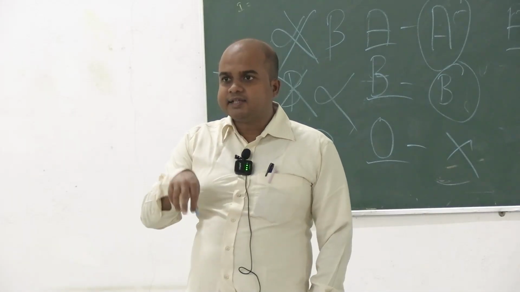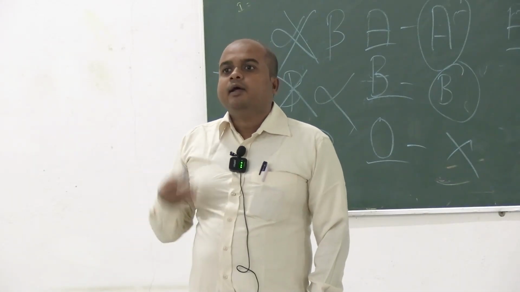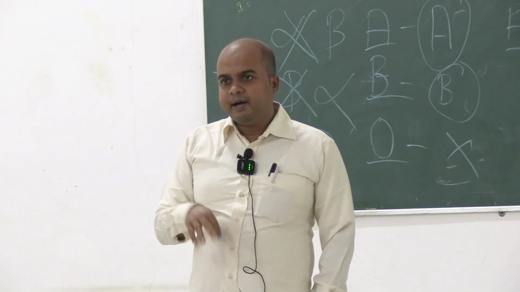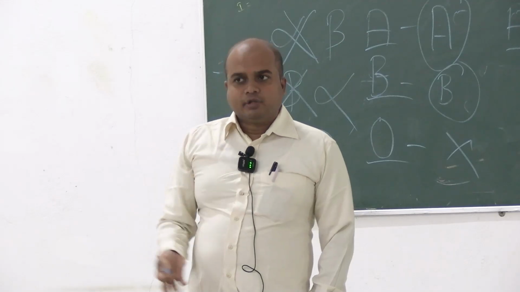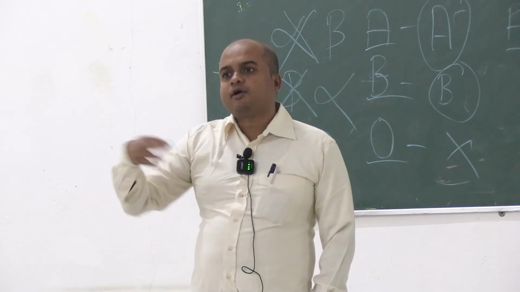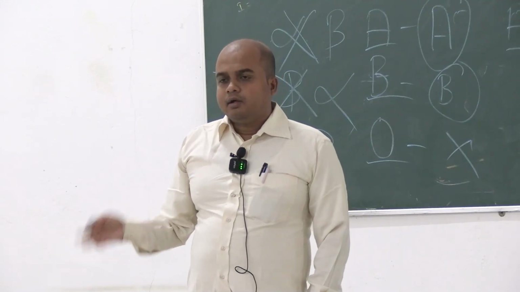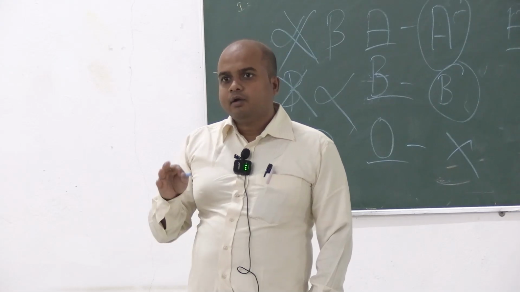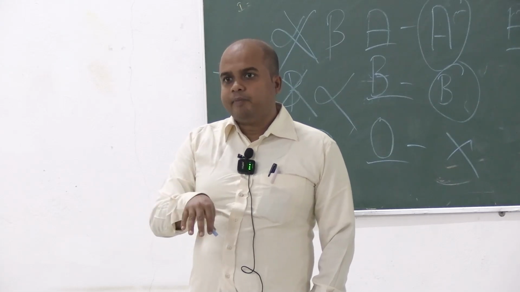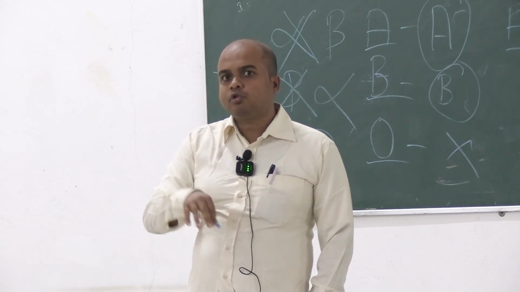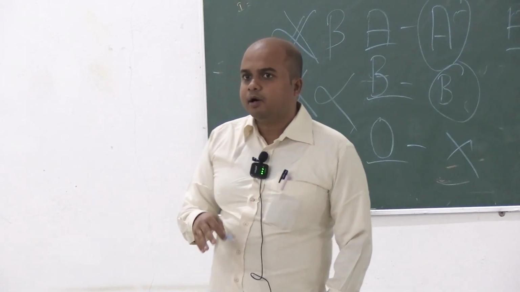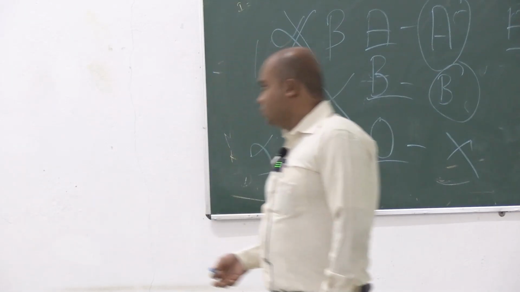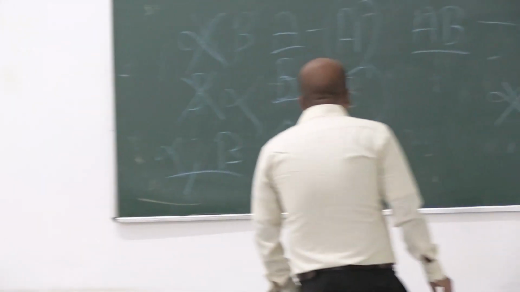This agglutination can be seen with the naked eye, and better under the microscope. If the blood agglutinates, we can conclude which blood group it is. If it agglutinates with both A and B, it is AB blood group. With none, it is O blood group.